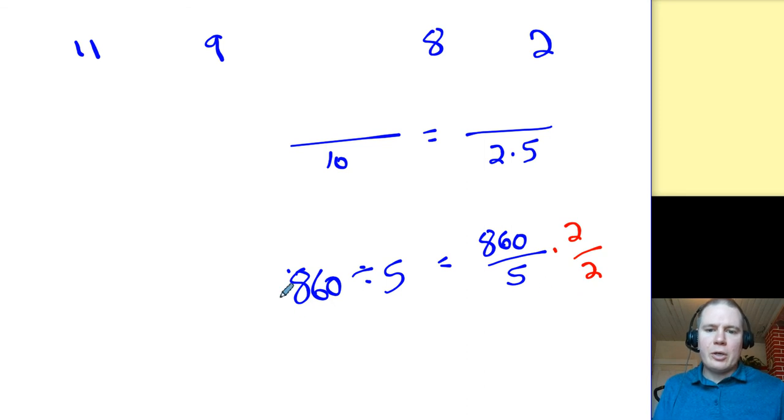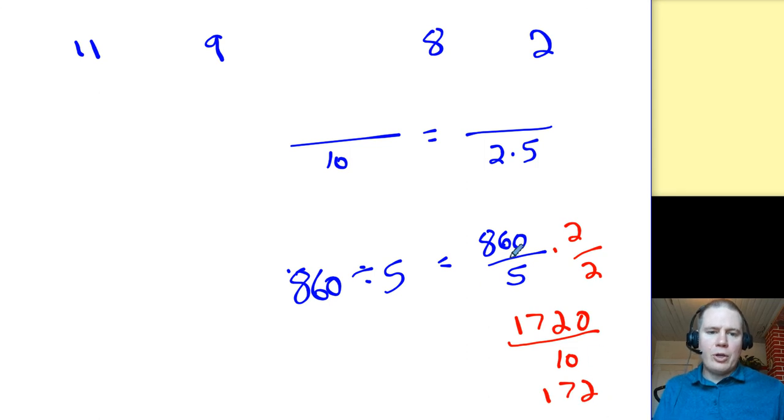I can double 860 in my head. Double 8, you get 16. Double 6, you get 12. So that's 172, and then with an extra 0. Divided by 10, that's just 172.